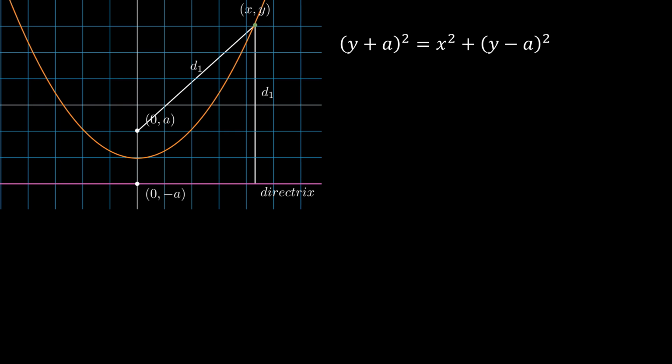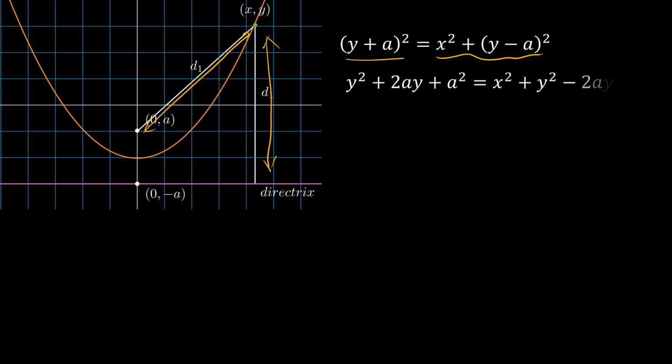So d1 squared equals y plus a squared, which equals x squared plus (y minus a) squared, this being d2 squared.